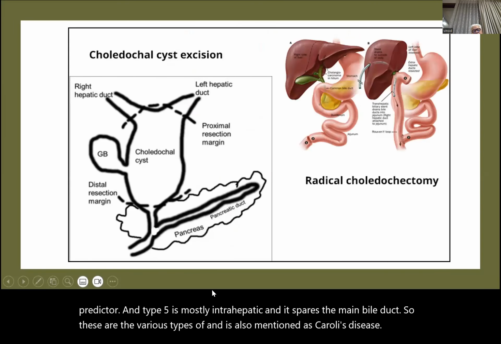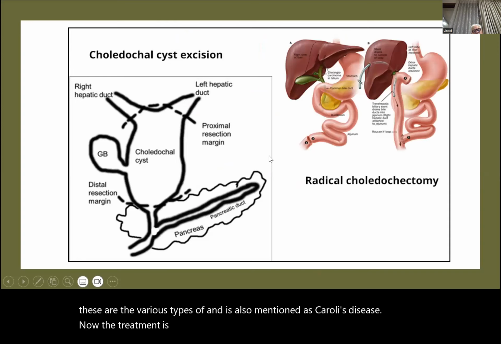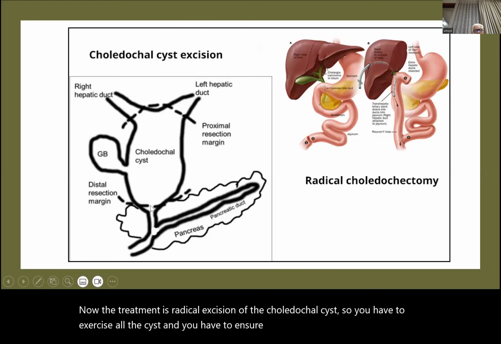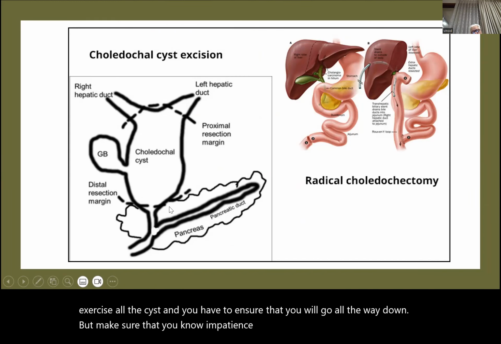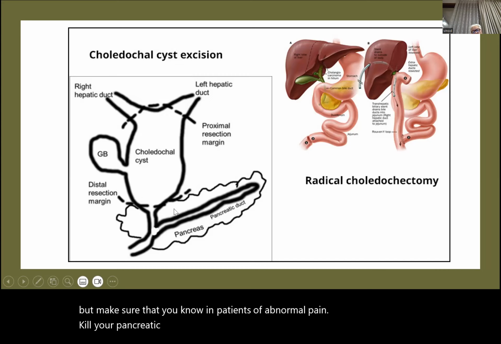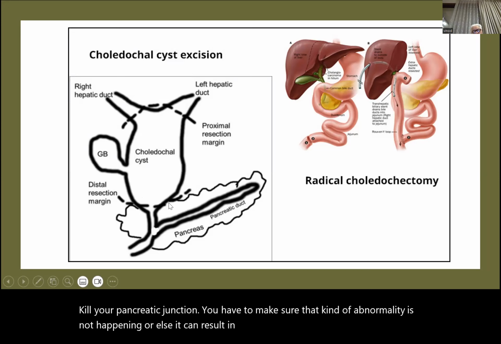Now, the treatment is radical excision of the choledochal cyst. So you have to excise all the cyst, and you have to ensure that you go all the way down, but make sure that, in patients of abnormal biliopancreatic junction, that kind of abnormality is not disturbed, or else it can result in obstruction or an injury to that APBJ, which can be disastrous.